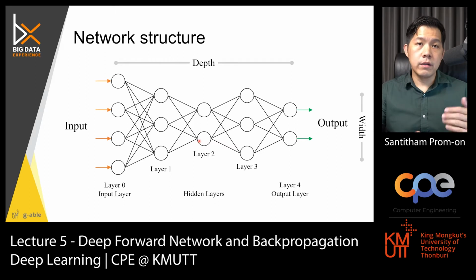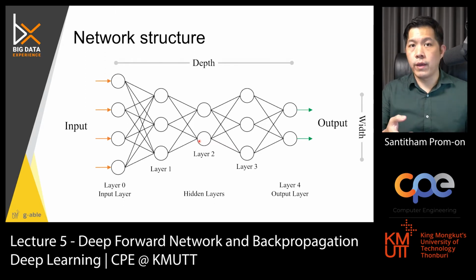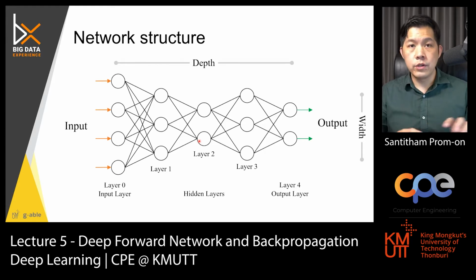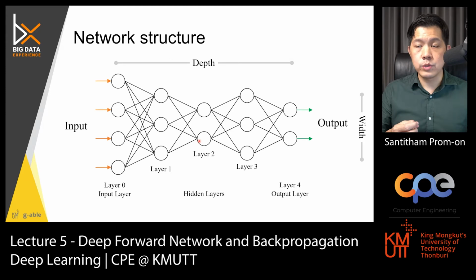But in order to denote whether this node is active or non-active, those large values have to be transformed into values that are capped between a certain range.